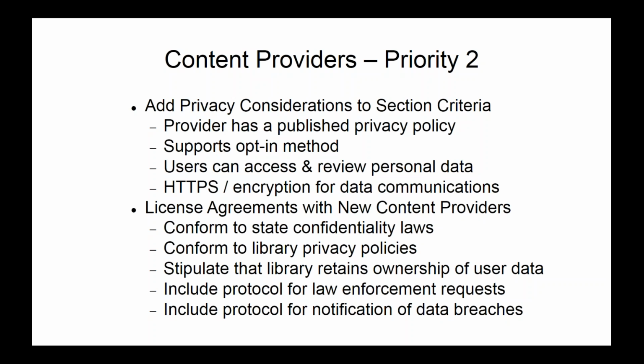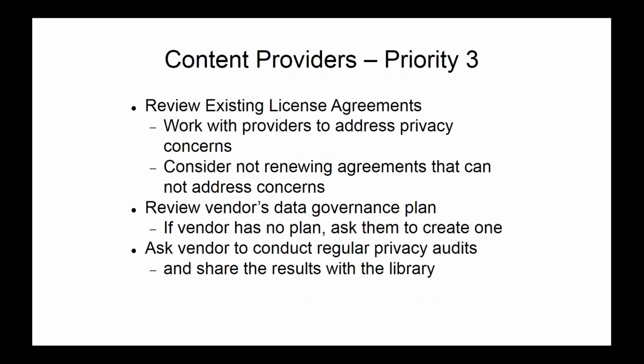And they should include protocols or procedures for how law enforcement requests are handled, and also a protocol for the notification of data breaches. This gets a little bit harder. This is about trying to create a better situation for protecting privacy with the new agreements you have for new products you're buying. Next slide.